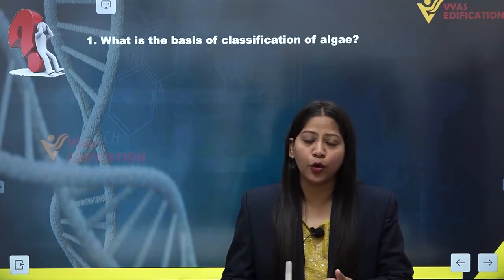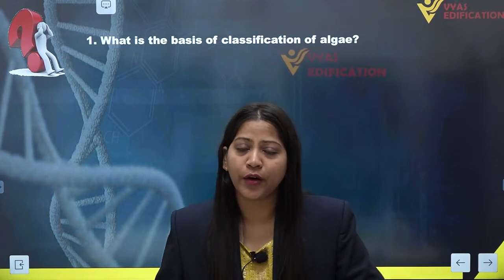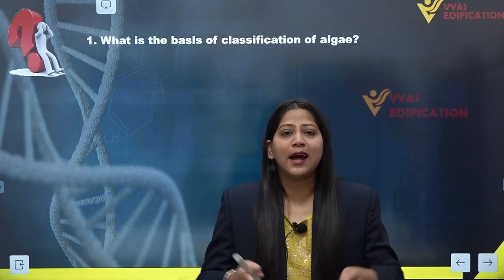The scientific names are Chlorophyceae for green algae, Rhodophyceae for red algae and Phaeophyceae for brown algae. These are the 3 classes into which algae are divided.